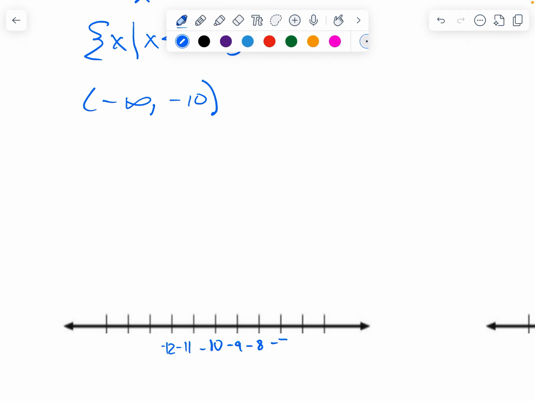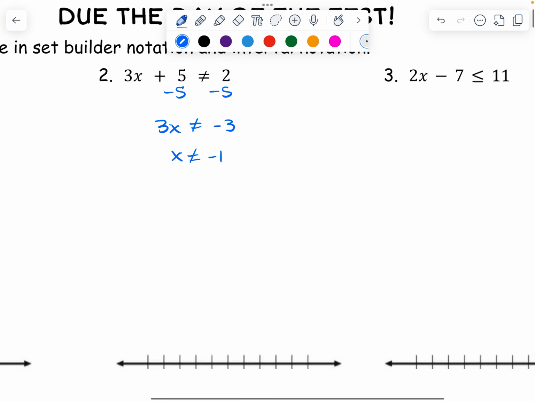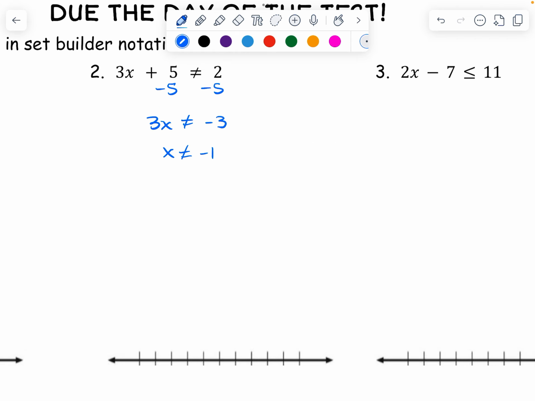it's going less than. This one does not equal, so I subtract 5. 3x is not equal to negative 3, so x is not equal to negative 1. Set builder.